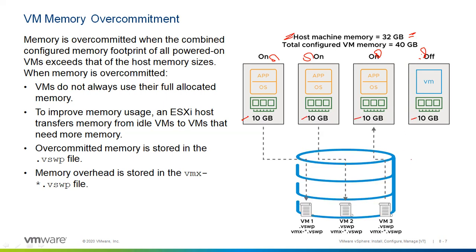In that case, my hypervisor will move the non-accessible or non-active content into a swap file, and store the memory pages in the underlying datastore in the form of a swap file.